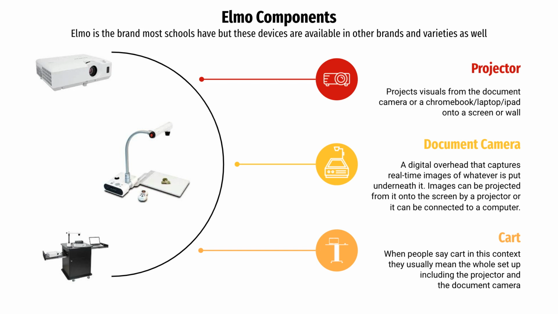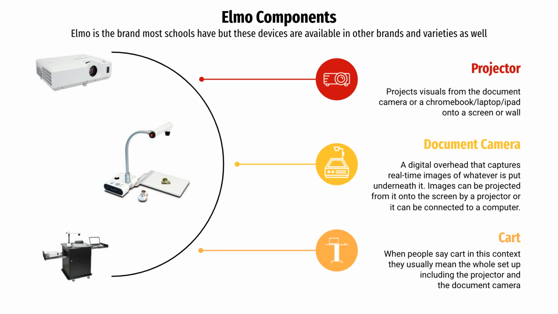Another thing that we're going to talk about today is the Elmo components. Oftentimes people refer to the whole setup as their Elmo, but your Elmo itself is broken into different pieces. Elmo is actually the brand that we mostly have in our schools, but it can be other devices as well. It's broken up into the projector, which is the first one. The projector is actually what shines a light through it and projects the image onto a screen.